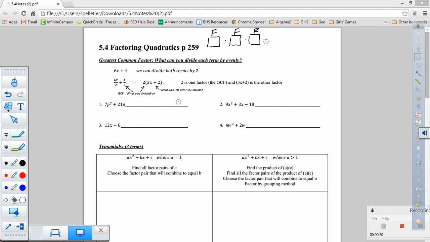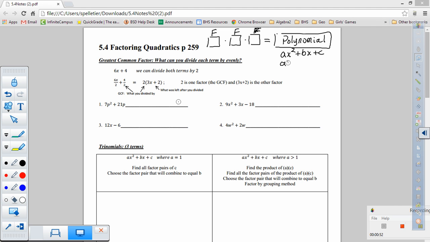It doesn't matter, but we have a whole lot of factors that we multiply together, and that results in a polynomial. And in this case, because we're dealing in this chapter with quadratics, it's usually of the form ax squared plus bx plus c. So most of the time they're going to look like that.